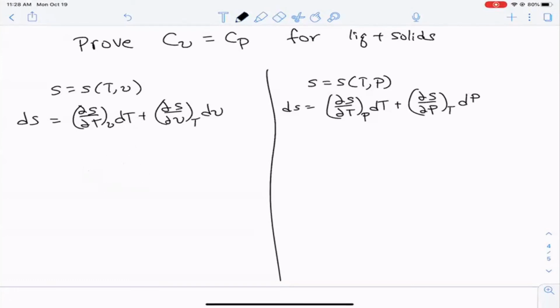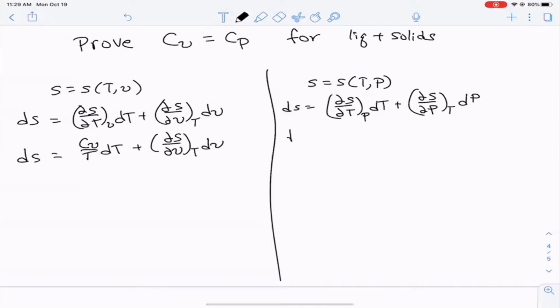All right, so if this is true, then dS equals, remember the definition for the constant volume heat capacity is T times (∂S/∂T) at constant V. So that means this first term is just CV over T times dT plus (∂S/∂V) at constant T dV.